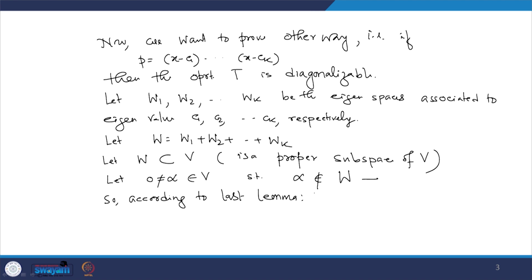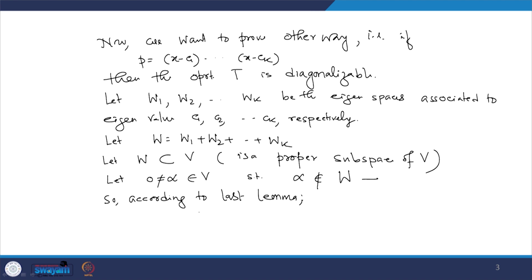If T is a linear operator defined over the finite dimensional vector space V whose minimal polynomial is product of linear factors, and if W is a proper subspace of V, such that alpha belongs to V but alpha does not belong to W, then there exists an eigenvalue C such that T minus C I operating on alpha will be in W. So, I am not writing the statement of the lemma.